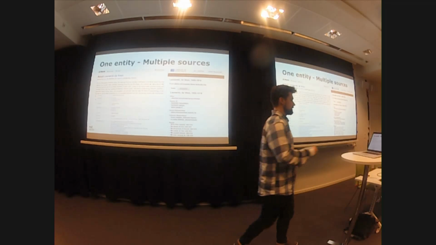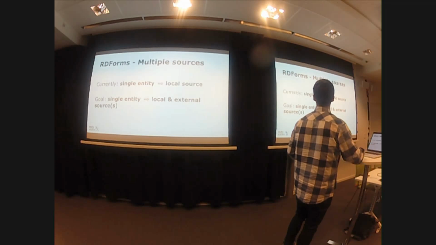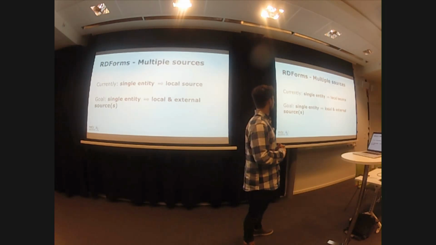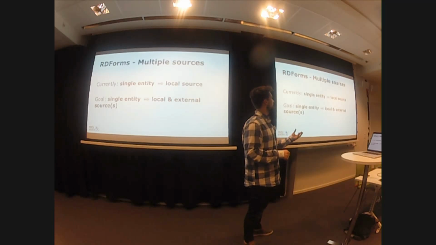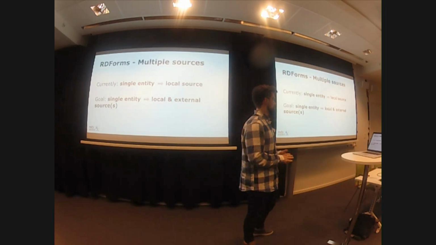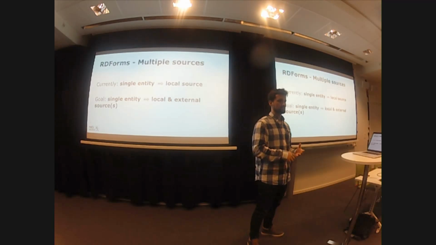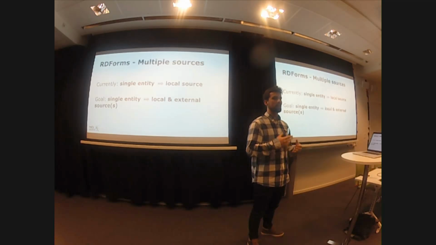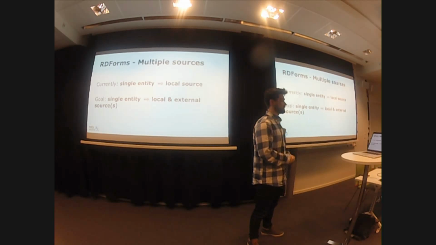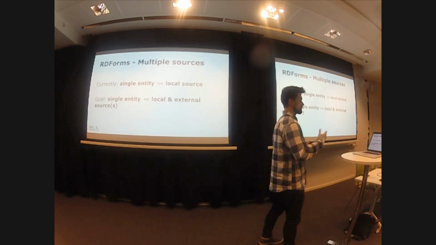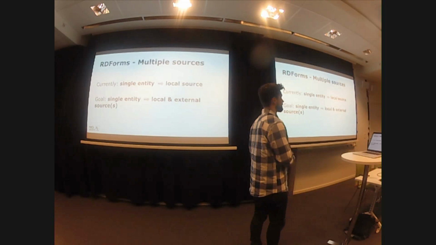And really the task that I wanted to challenge is how can we go from a single entity in a local source to a single entity in both local and external sources. So I want in one form to see information about Leonardo da Vinci that was stated in DBpedia, in another source, and in my local application, because I want to enrich the information about Leonardo da Vinci.